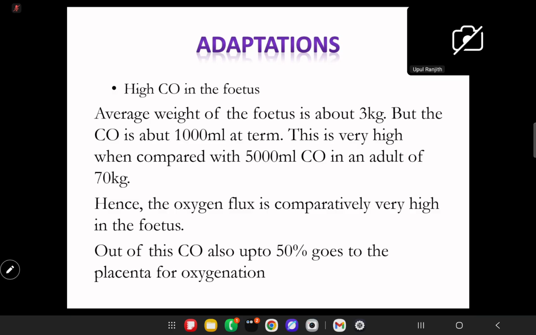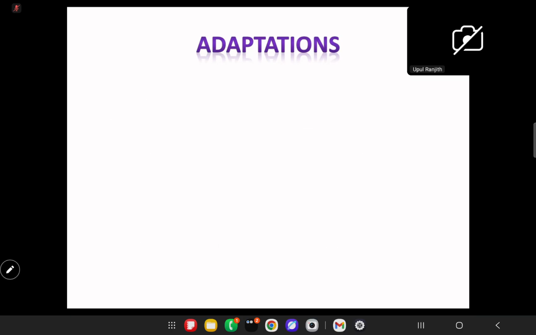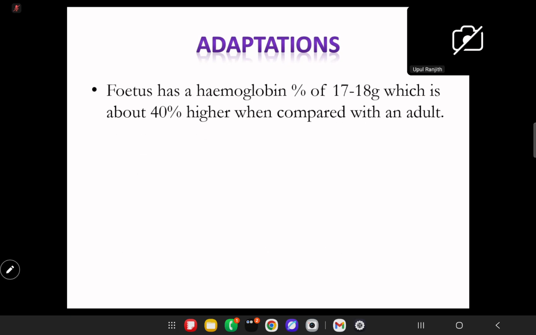Out of this cardiac output, up to 50% goes to the placenta for oxygenation. Through the two umbilical arteries, 50% of that cardiac output is carried into the placental bed itself for oxygenation.